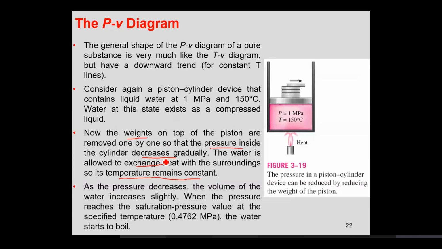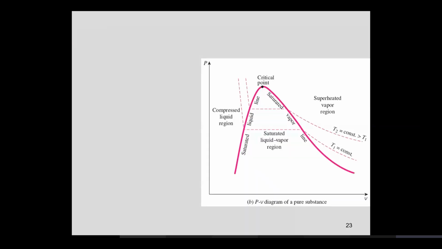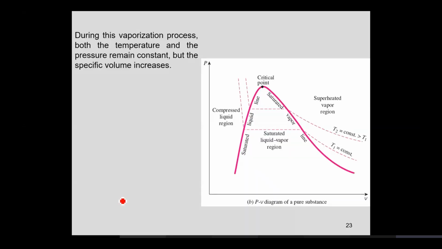As the pressure is decreased, the volume increases until the saturation pressure is reached. Once the saturation pressure has been reached, which for your specified 150 degrees centigrade temperature is 0.4762, the water starts to boil.